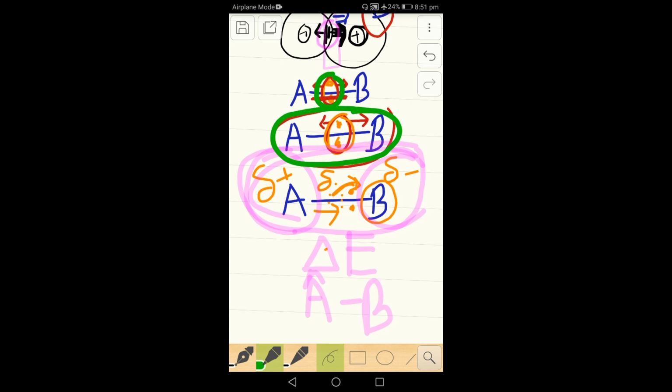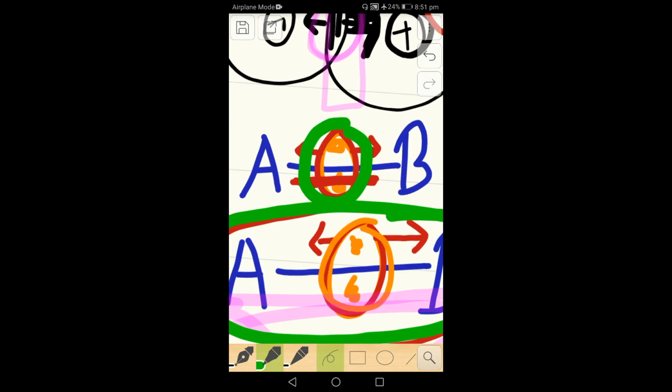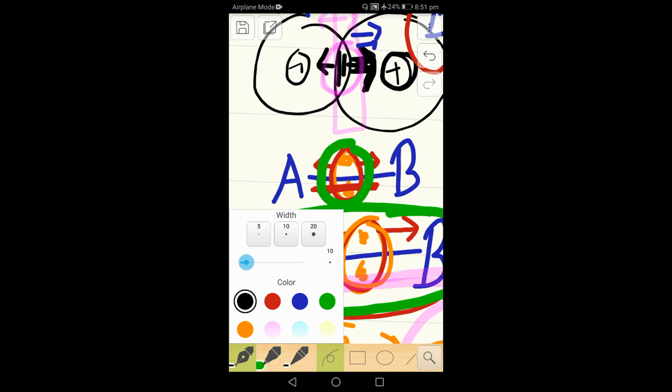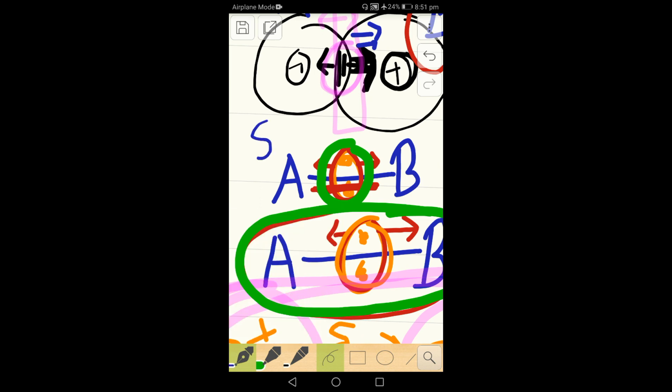So what happens here is that, look, sometimes A gets slightly positive and B gets slightly negative when the electrons are shifted towards B, and after one cycle the electron goes towards A, then A becomes slightly negative and B becomes slightly positive.